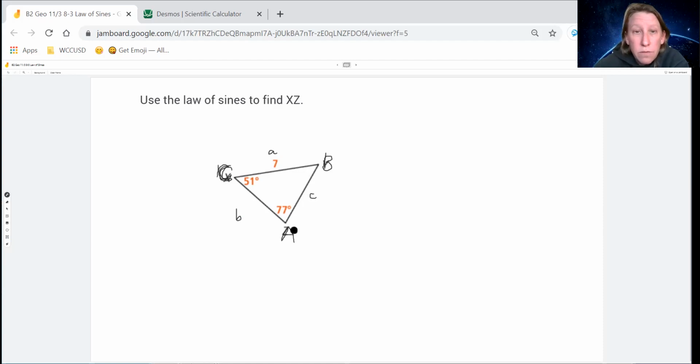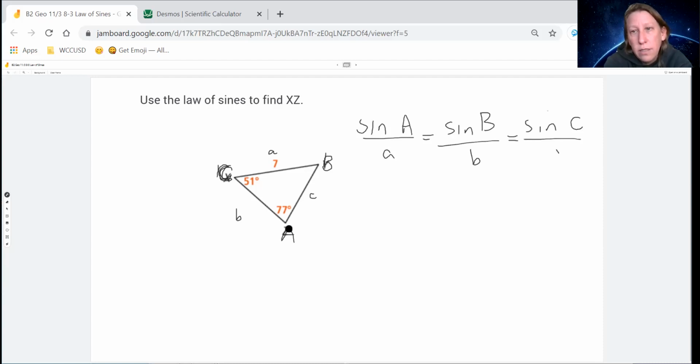We can use the law of sines because we have this relationship already. We have the angle with the side length. That's a good thing. So the sine of A over A, it's a really easy formula to memorize. Sine of B, angle B over side length, and the sine of C over C.